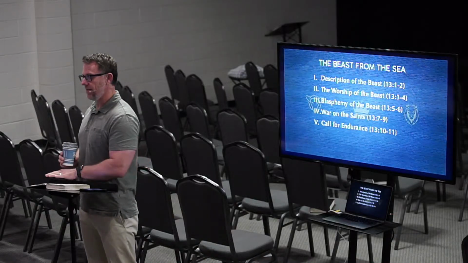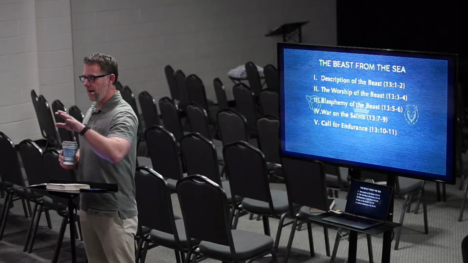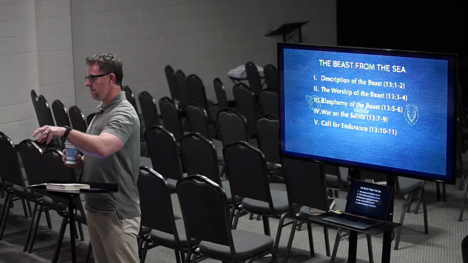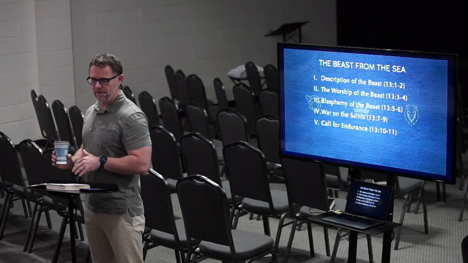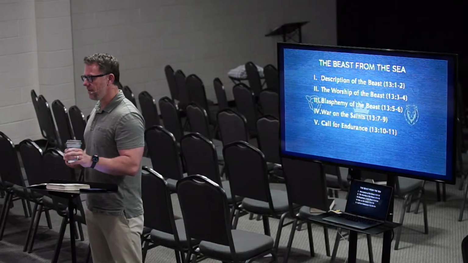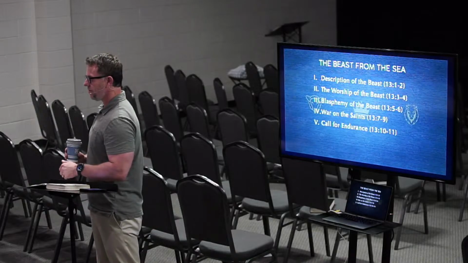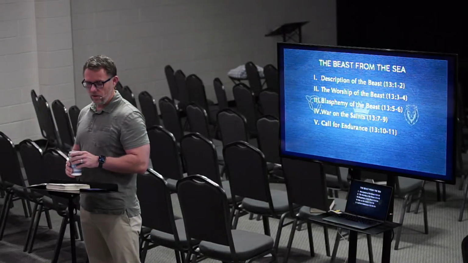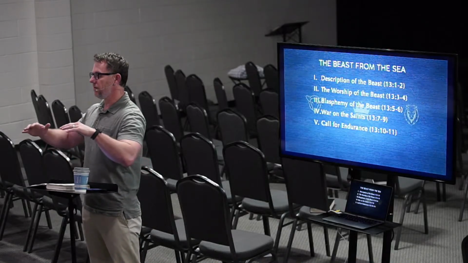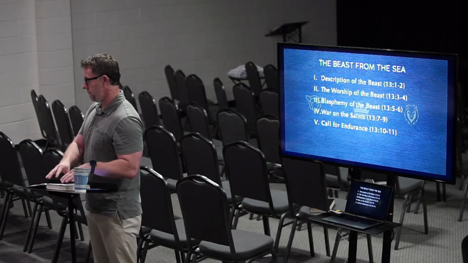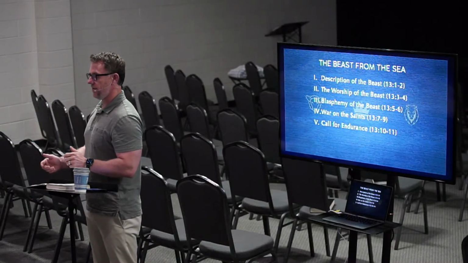So what I'm saying here about this representing human governments in general doesn't mean that there cannot be a final, ultimate Antichrist, right? And you say, well, you're talking about it in terms of kingdoms and empires. Yes, but they're always headed by someone, by a Caesar, right? So I'm not arguing that there's not a final version of this that's headed up by an individual that you could call the Antichrist.